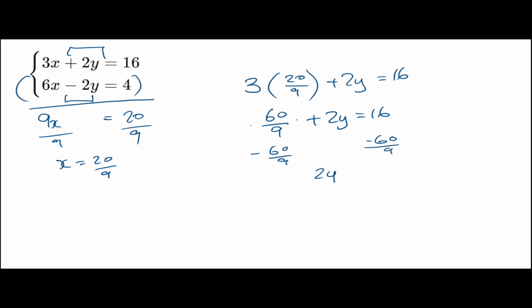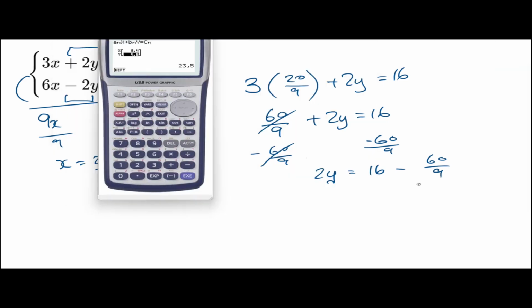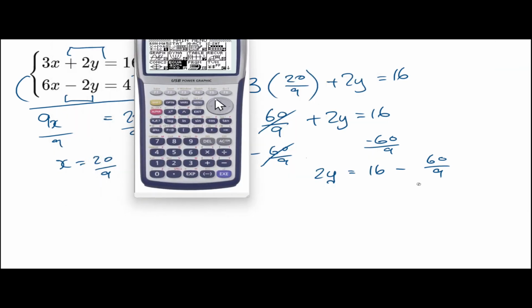So 2y, and they're going to cancel. 2y is going to be equal to 16 minus 60 over 9. It's a long day, so I'm going to use the calculator. I'm going to cheat. 16 minus 60 over 9 is 28 over 3.